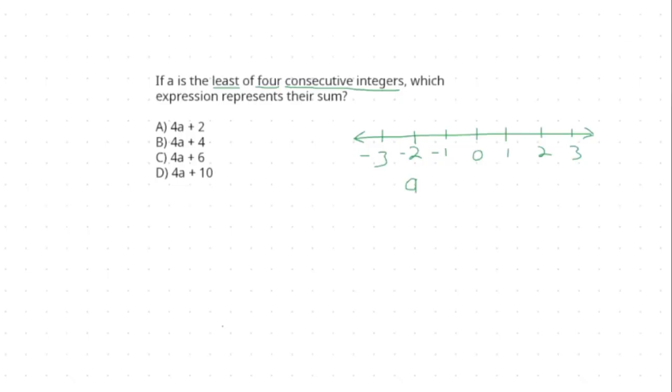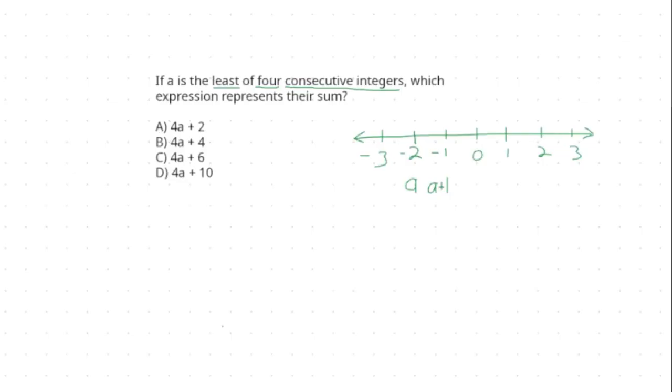And if we want to determine what the next integer is after that, we would have to determine what we need to add to the first integer to get the next one. So for example, if we start with -2, we have to determine what we need to add to -2 to get -1. And we can see that since they are one apart, we could just add one. So the next integer is going to be a plus one, which represents the first integer plus one.